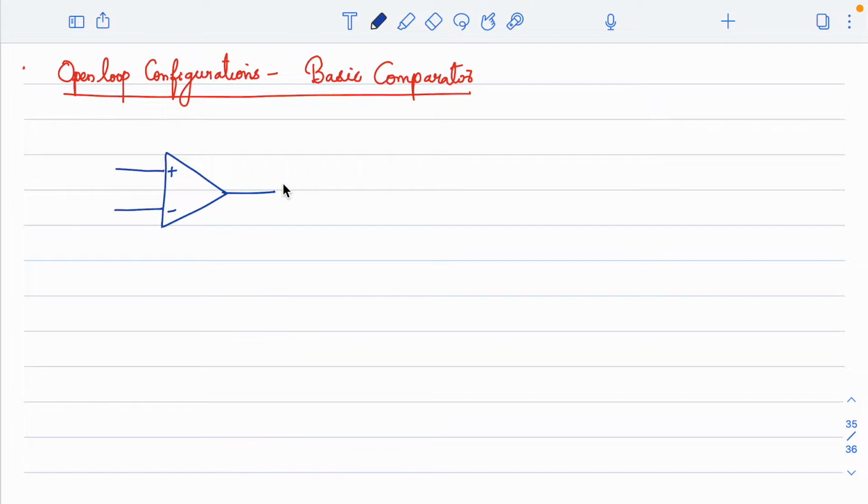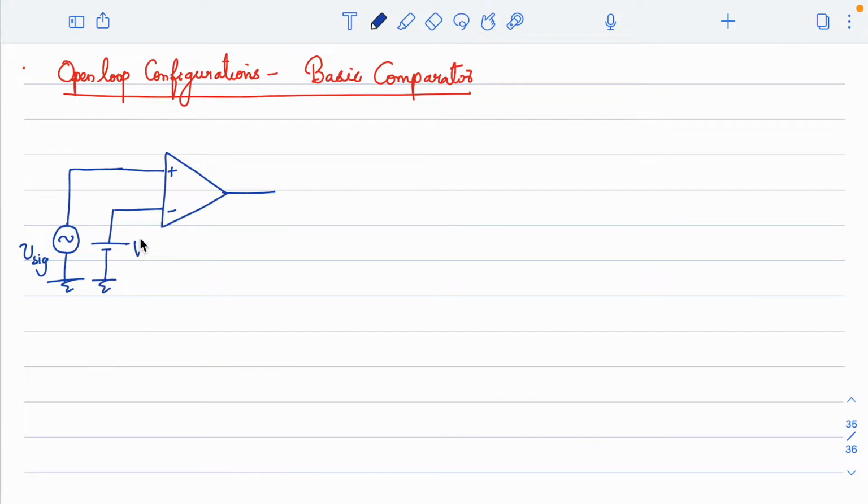Now the moment we configure this op-amp as a comparator, we connect a signal voltage to one input, say V signal, and to the other input I'll be connecting a known voltage or a reference voltage.